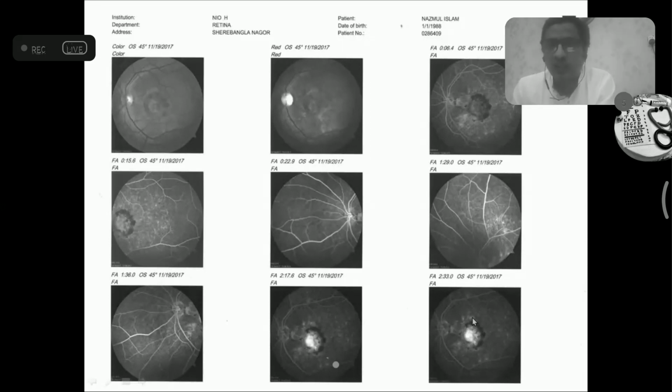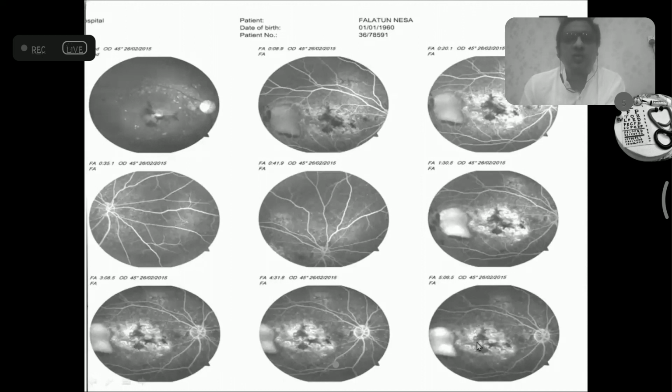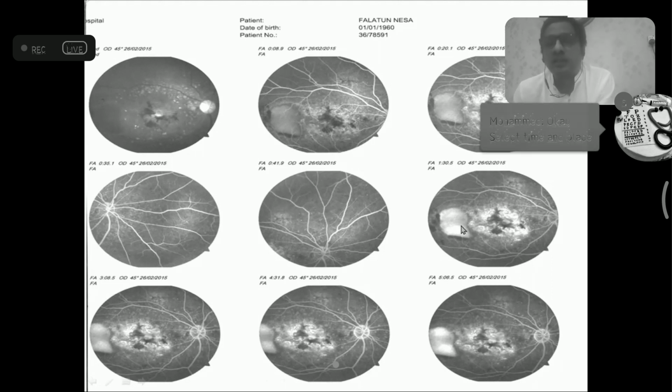We know the blocked fluorescence is due to the subretinal hemorrhage. There is also choroidal neovascularization, with center blocked fluorescence due to the subretinal hemorrhage, for CNVM, and also there is a pigment epithelial detachment, which is unmasking the choroidal flush.